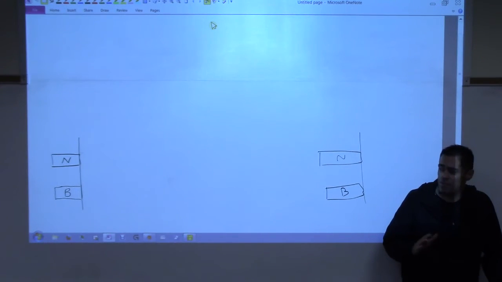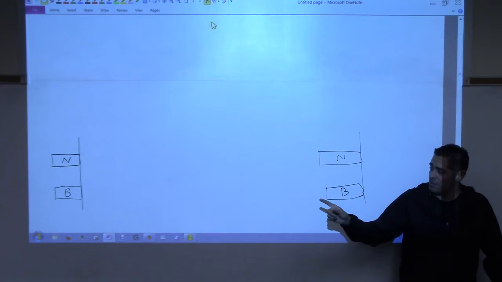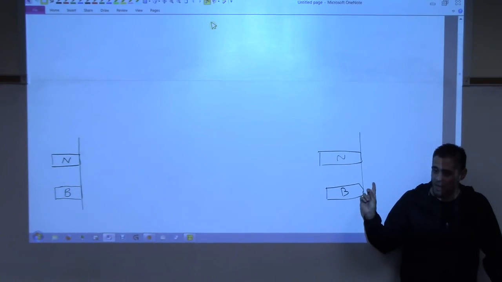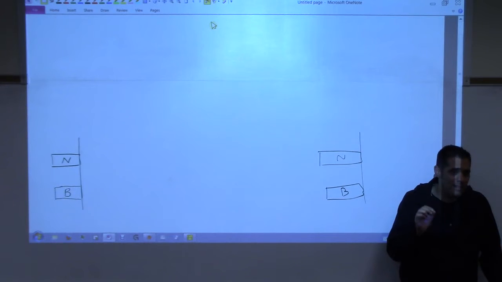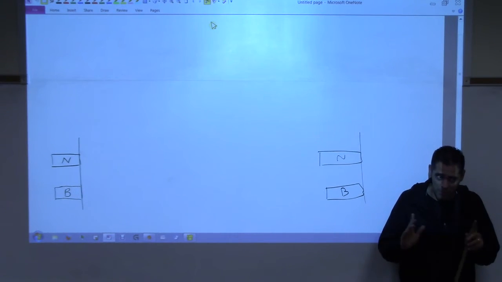Let's make sure we all understand the question. Does anyone have a question on the question? I will restate the question. They start at the same place, they end at the same place, they tie. Is there a point in time where they're both going the same speed? And that point in time is the same for both of them.